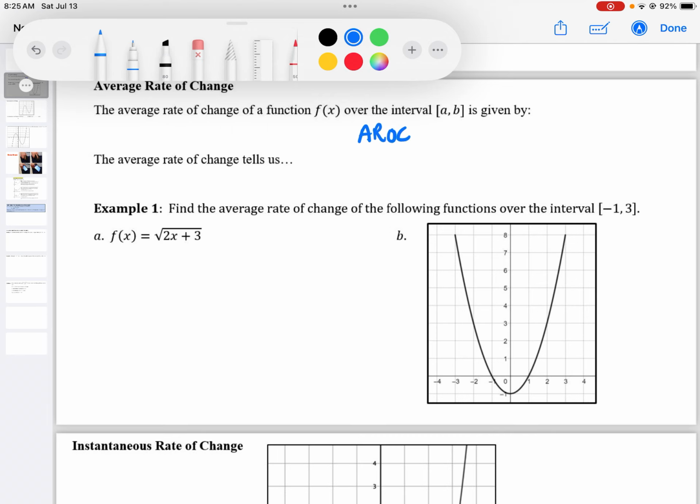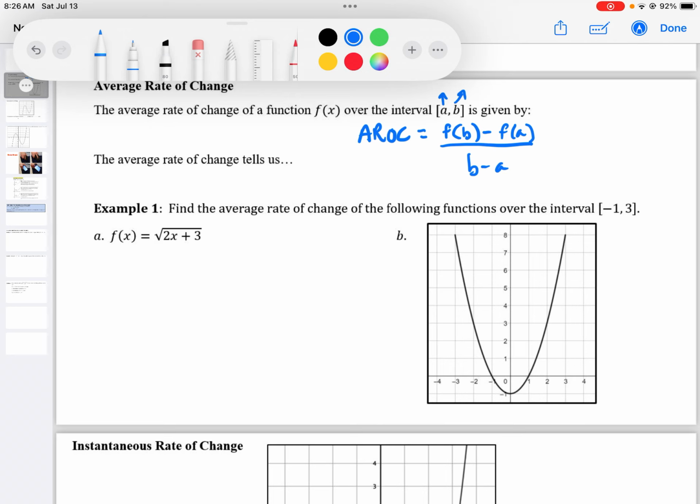So our average rate of change, what we're going to say is AROC, A-R-O-C, the average rate of change, is equal to the y value at the endpoints, the difference in those. So f of b is just the y value that goes with the x value of b, and f of a is the y value that goes with the x value of a, over b minus a.